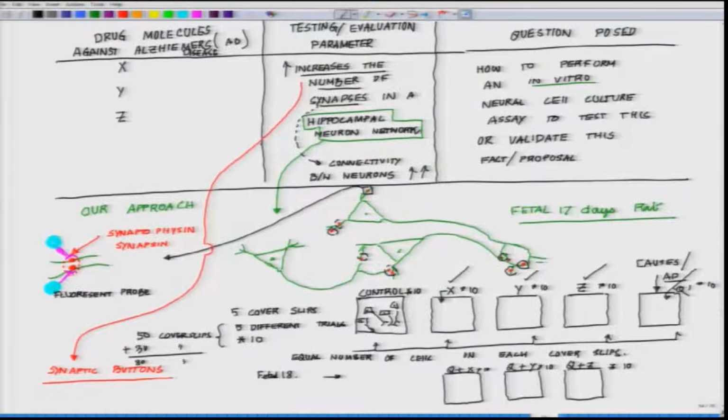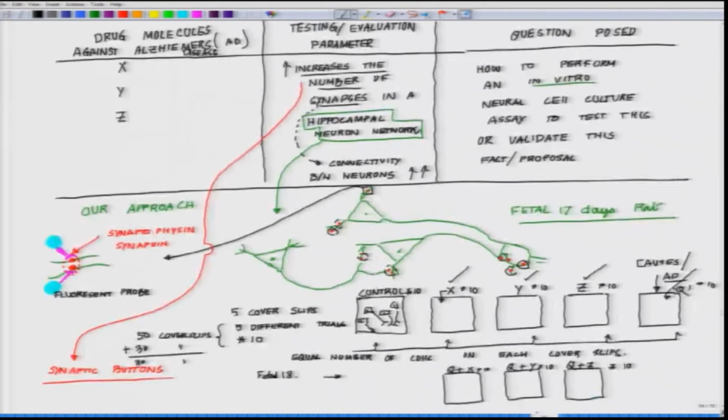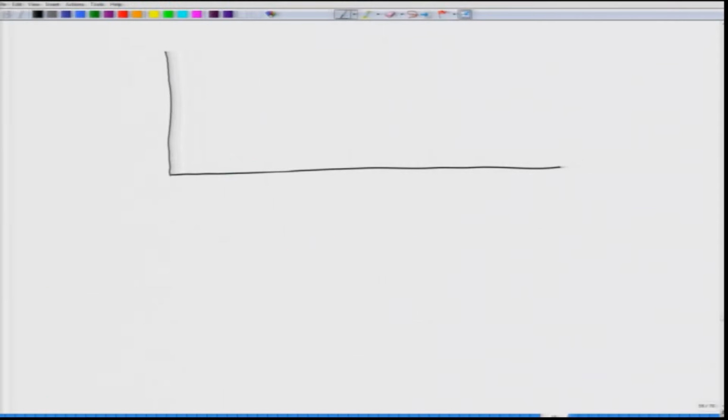Now, how you have to quantify, if you go by the statistics, you have something like this. You have 8 different treatments with you, right? If I go back, 1, 2, 3, 4, 5, 6, 7, 8. So, you have 8 different treatments. Okay.